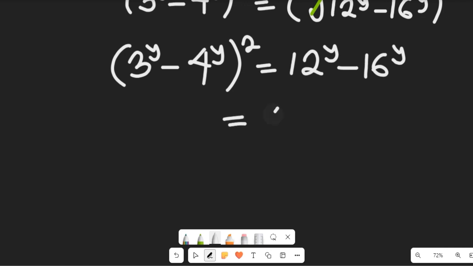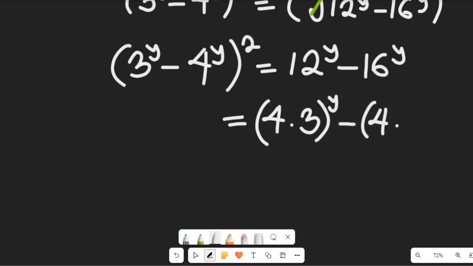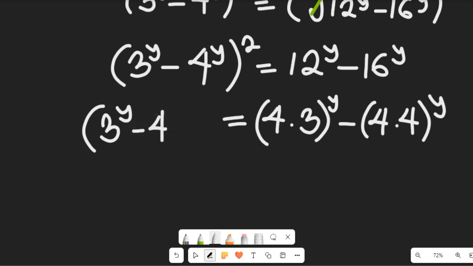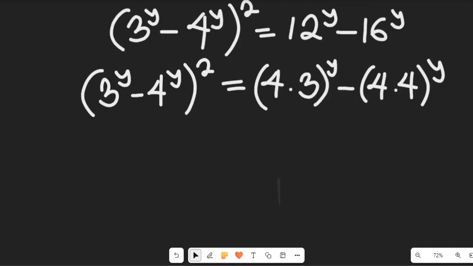So the right hand side can give us 4 multiplied by 3, all to the power of y, and this can also be 4 multiplied by 4, all to the power of y, while we'll have 3^y minus 4^y all squared on the left. So what do we have here?